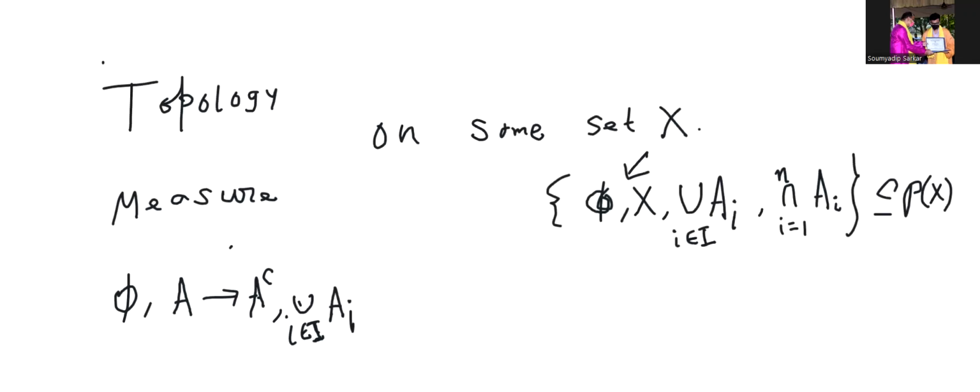So there is a set X, and then you choose this particular collection of subsets following some rules. What are the rules? You have to take the empty set. This is the first rule. The second rule is that if you take a set A, you also have to take its complement. If you take some countable collection of sets, let's say A_i, where i varies over some countable indexing set, then their countable union also has to be there.